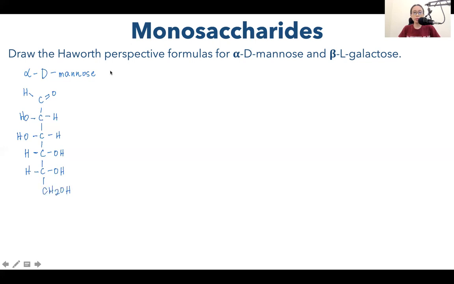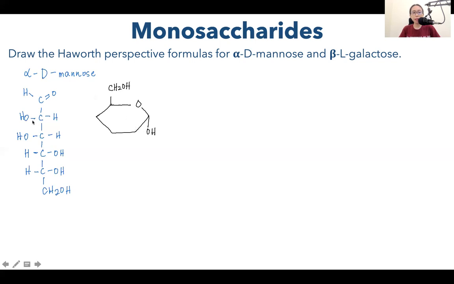And then let's proceed by drawing the skeleton of our Haworth perspective formula. It says it's alpha, so the OH on carbon 1 should be pointing down. It's the D isomer, so carbon 6 should be above the plane.